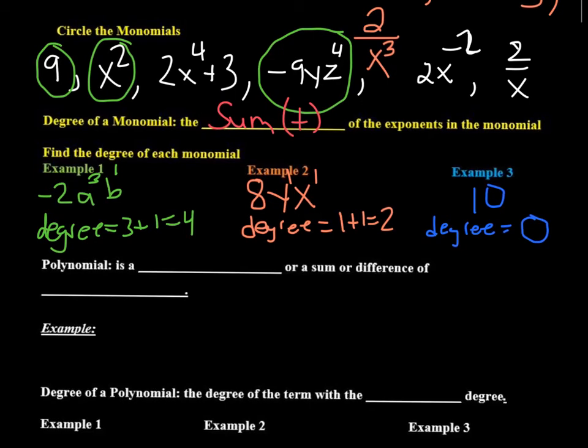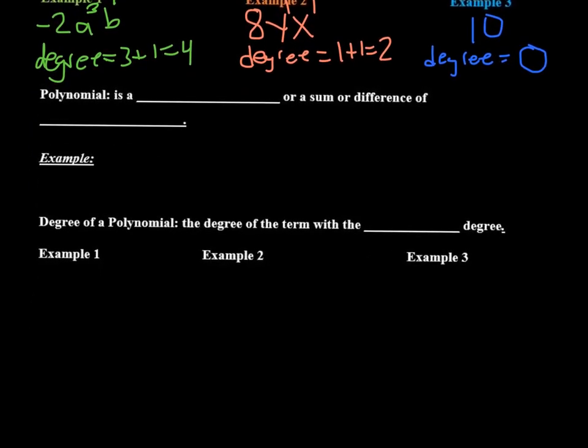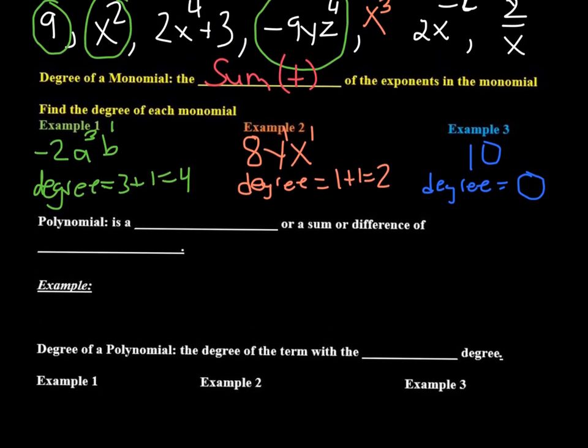Alright, so I hope that made some sense, and hopefully you understand how to distinguish what is a monomial, or how to find the degree of a monomial. Let's move on to polynomials, the second part of the lesson here. So let me go back up just a second before we go to polynomials.